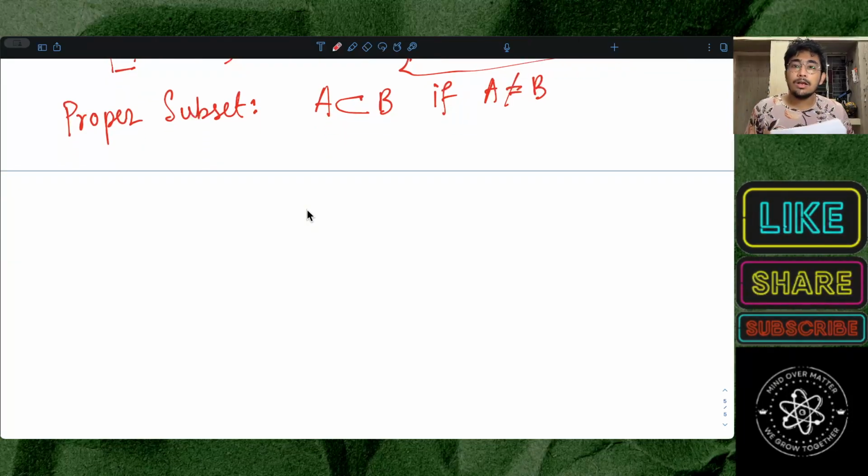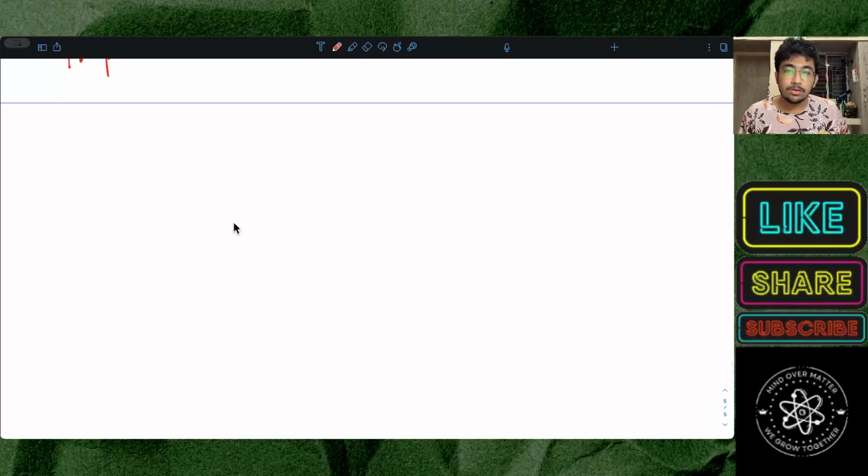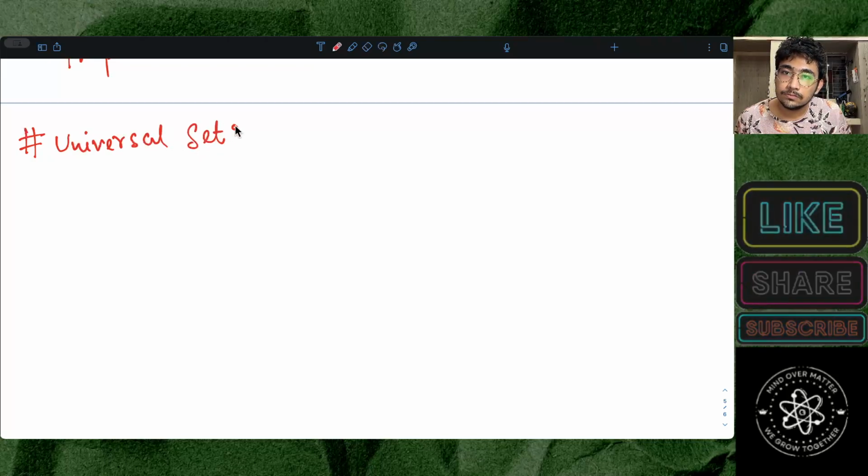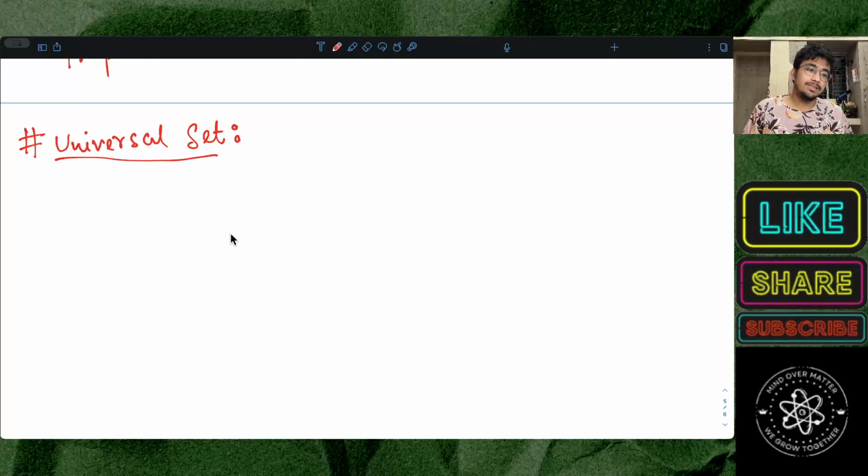And now we come to another important concept called universal set. Before getting into universal sets, I would like to give an example. Suppose you are at your home and you make a statement that you have to cook dinner tonight.